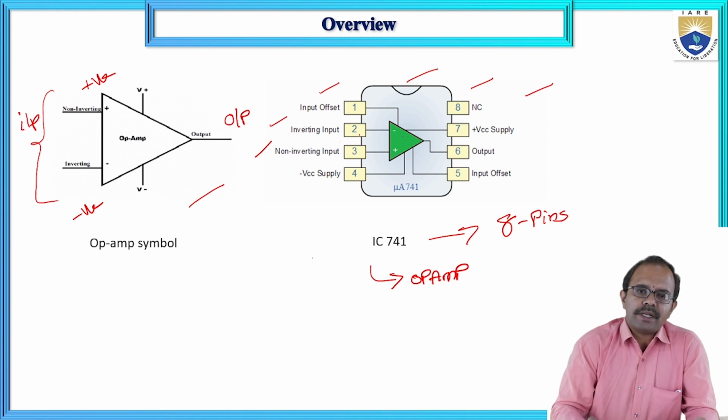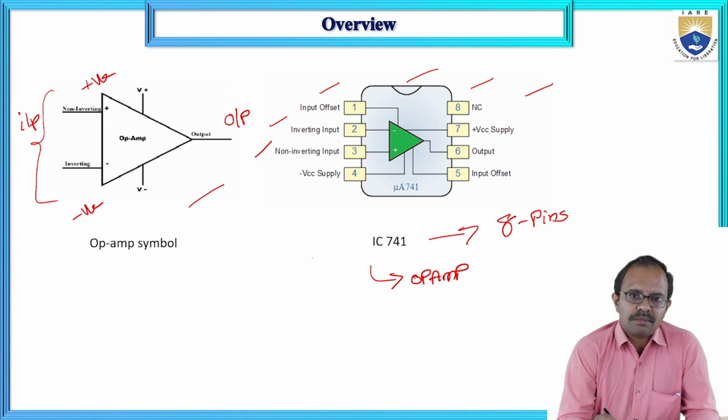If you want to provide excitation to the non-inverting terminal, we need to connect the source to pin number 3. So do remember, pin numbers 2 and 3 denote the input terminals, where pin number 2 is for inverting input and 3 for non-inverting input.